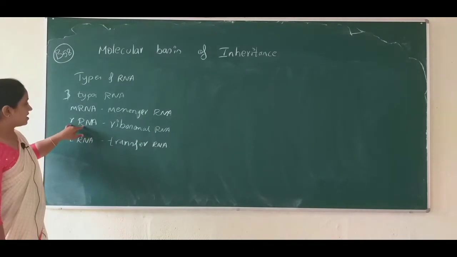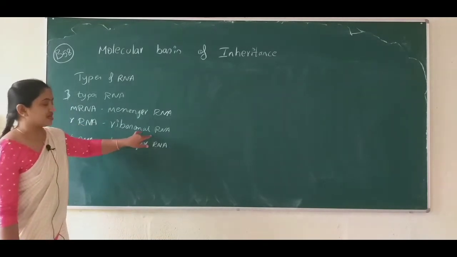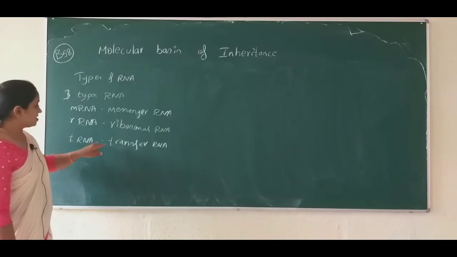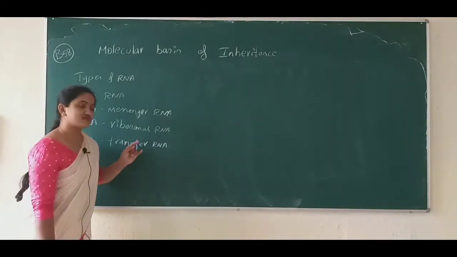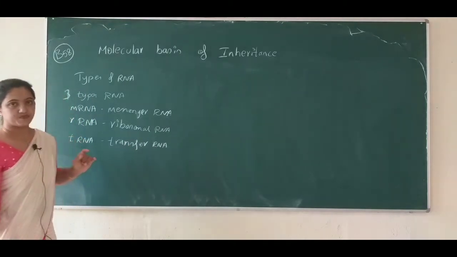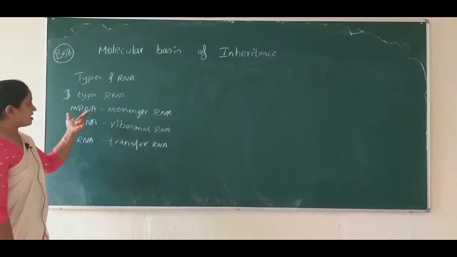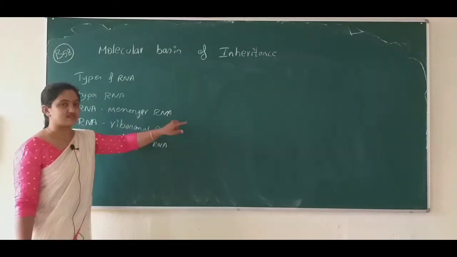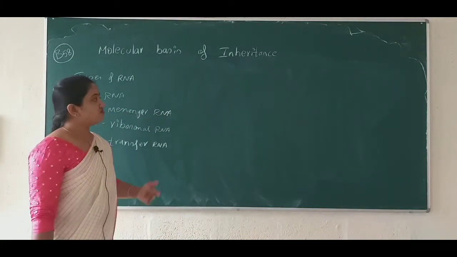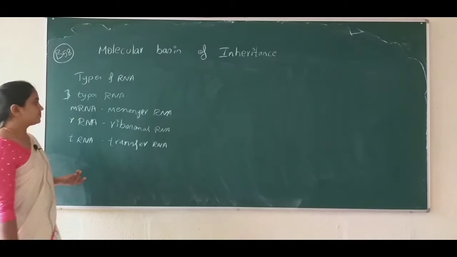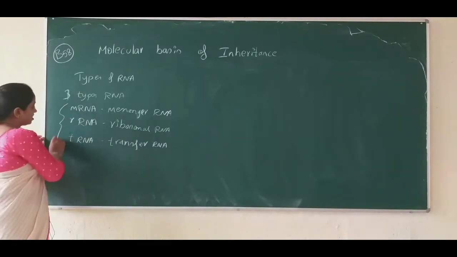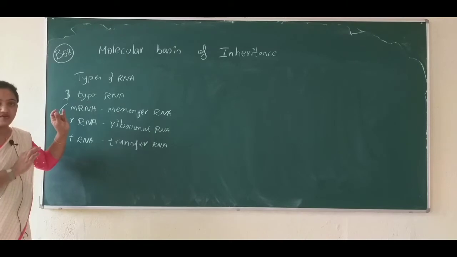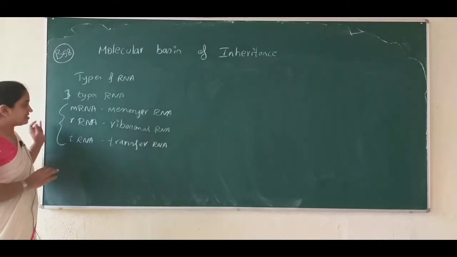Ribosomal RNA catalyzes the process, and tRNA brings the amino acid to the mRNA so that proteins can be synthesized. Here in prokaryotes, the example is bacteria.